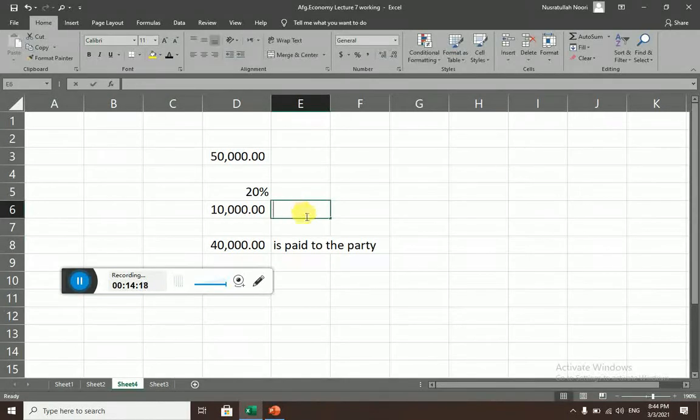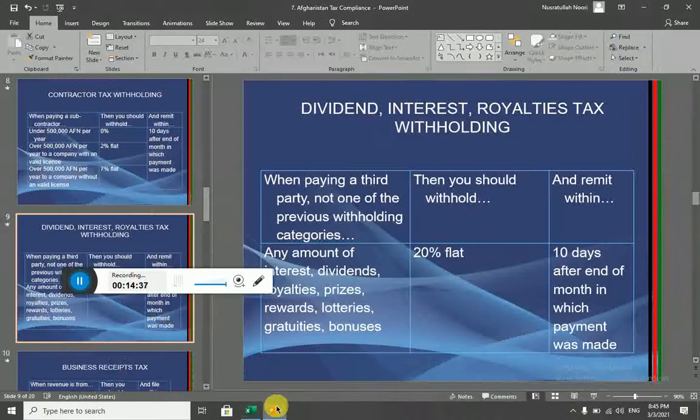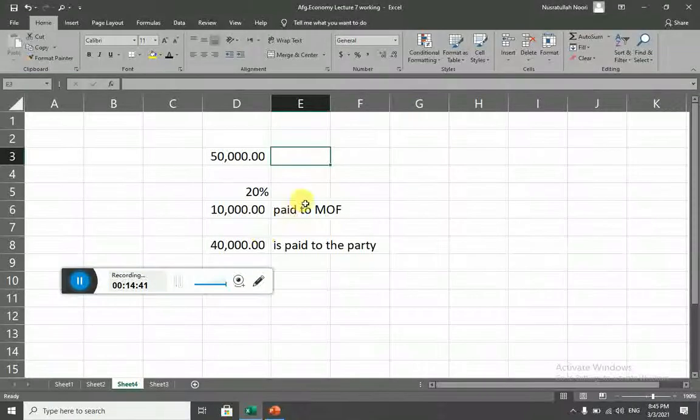And this is paid to Ministry of Finance as bonus withholding tax, or we can say royalty withholding tax, or dividend withholding tax, right? Suppose this is a prize, 20,000 prize.